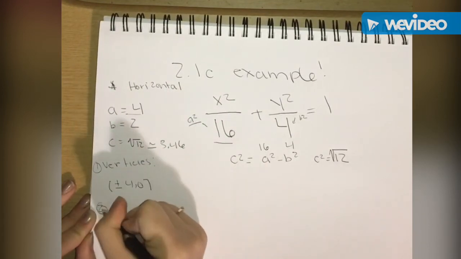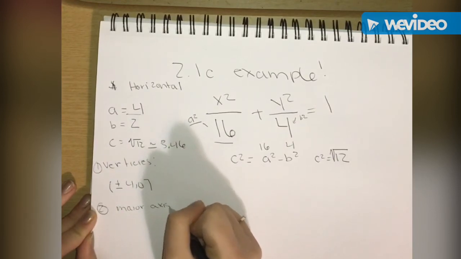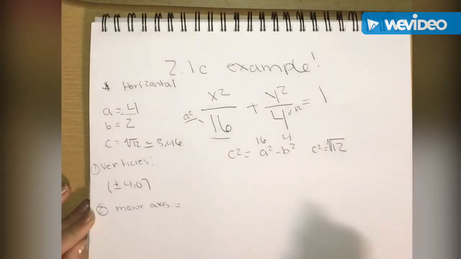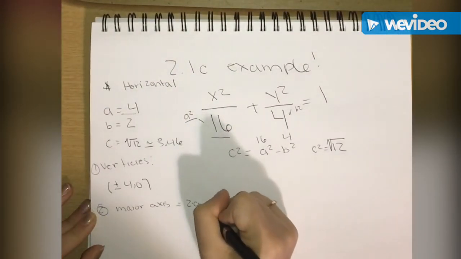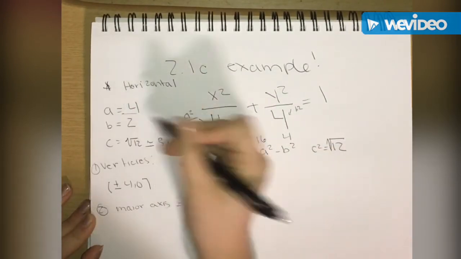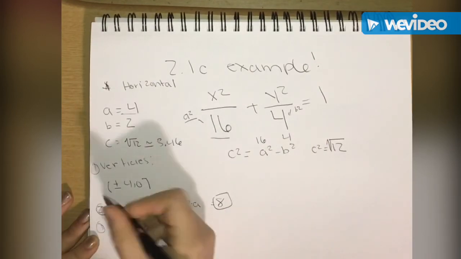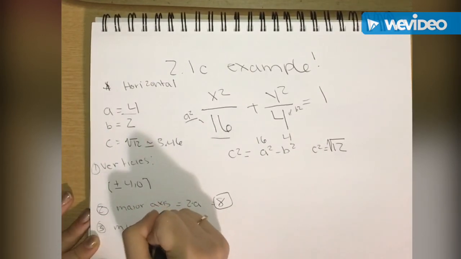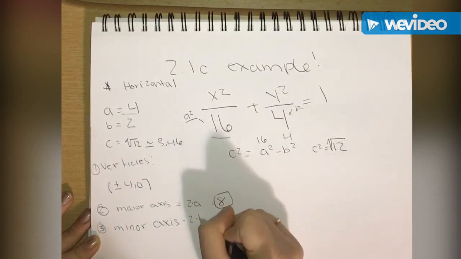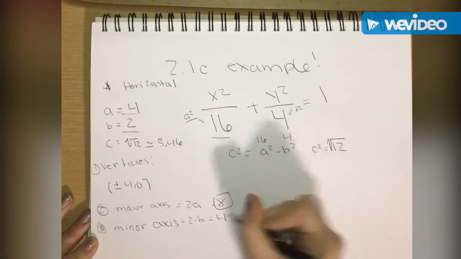And then we can find our major axis, which is 2 times a, and our a is 4, so it will be 8. And then our third step is to find our minor axis, 2b. And we know b is 2, so it is 4.